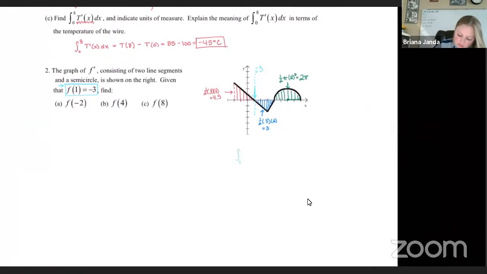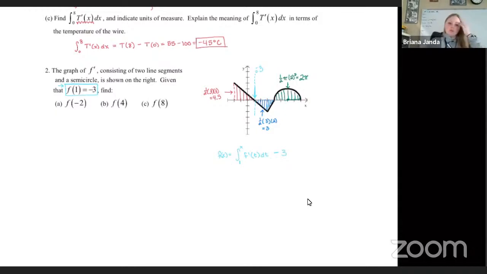We strategically went from 1 to x because 1 was the value they were evaluating f at in the initial conditions of f prime, which is the picture we're looking at. And then we did minus 3 so that when I evaluated this function at 1, this part would be 0 because it would go from 1 to 1. Minus 3 would give us a value f of 1 equals negative 3.